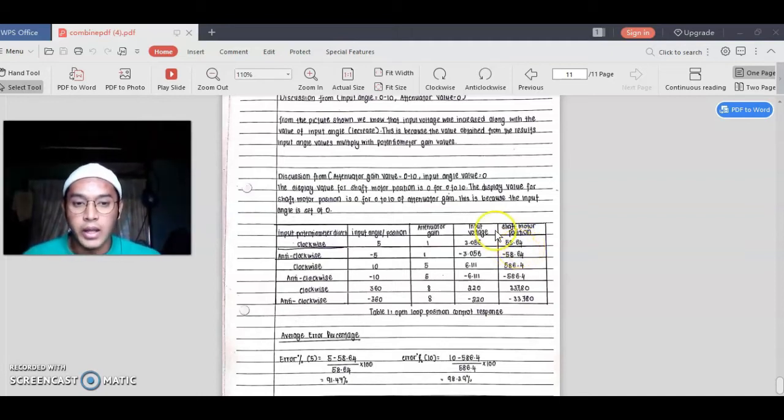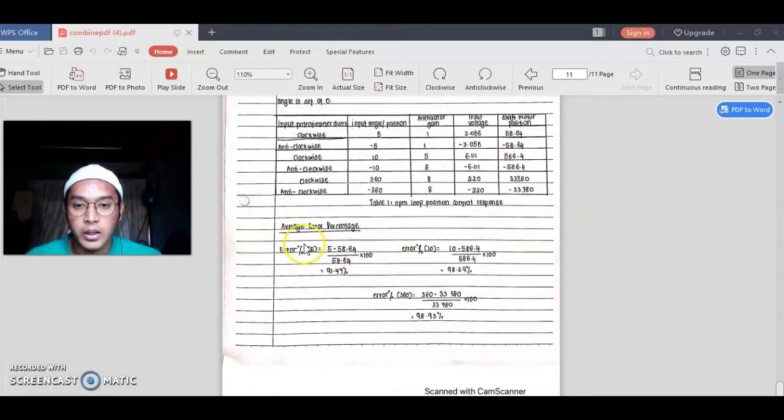For anti-clockwise, we get the same values but negative: negative 3.056, negative 58.64. This is the table.